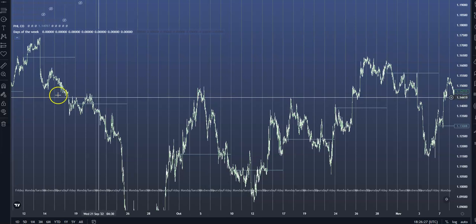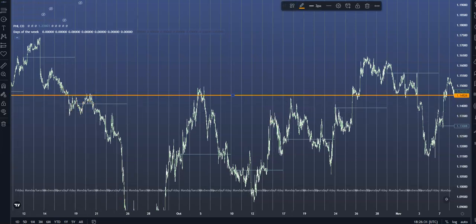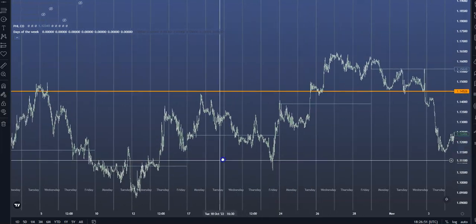We can look to the left-hand side and draw our levels in. Let's just say this is a level that you're looking at. Area of resistance, area of support here, and then area of support here. When we finally come up, reject this area to target Tuesday's opening price, because we know it happens 83% of the time, 63% of the time on a Tuesday.